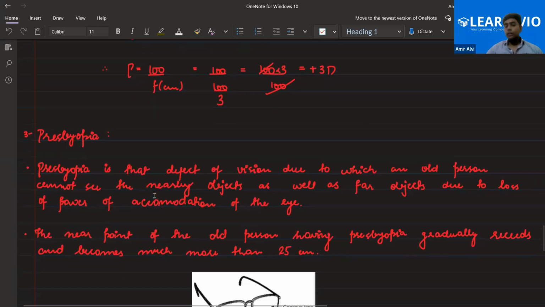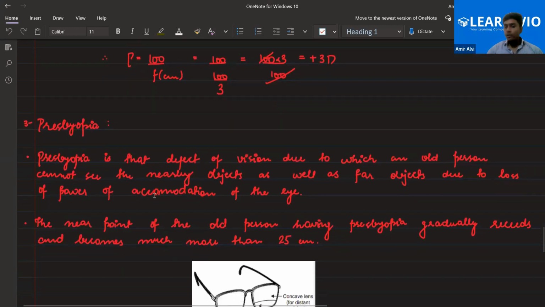Okay. So the near point of an old person having presbyopia gradually recedes and becomes much more than 25 centimeters. So it means that the person is not able to see the nearby objects clearly, and the far point is also less than infinity for the presbyopic eye, because the person is not able to see the distant objects clearly.